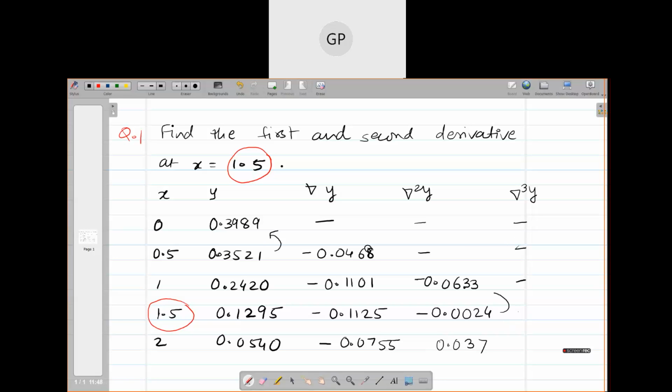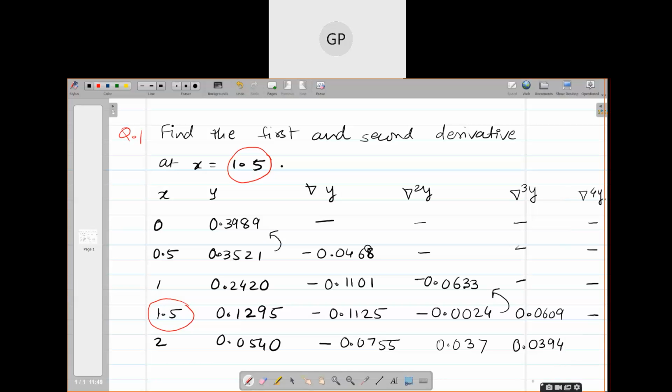So what is this minus this? It is 0.0609. And the last one, 0.0394, that will become plus, so it will increase.